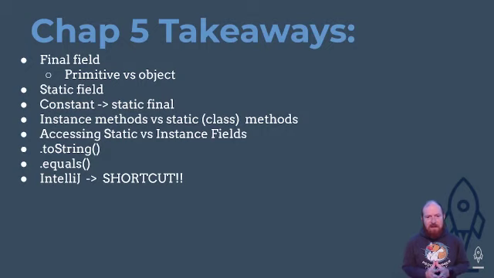Instance methods versus static or class methods. That's the same kind of thing. Like if I create a person and that person has a name, that's like a class field. But if, let's say, methods, again, this is where my brain is not all the way on there.